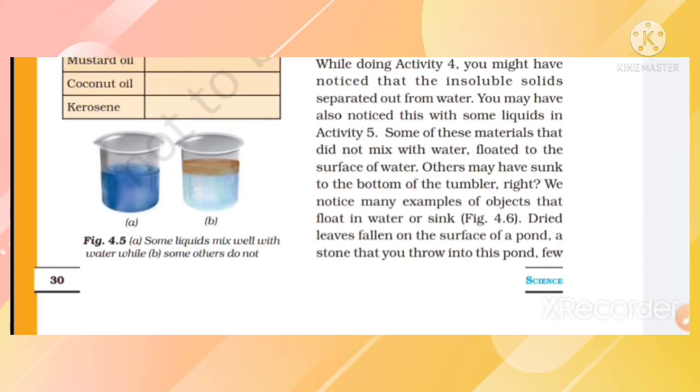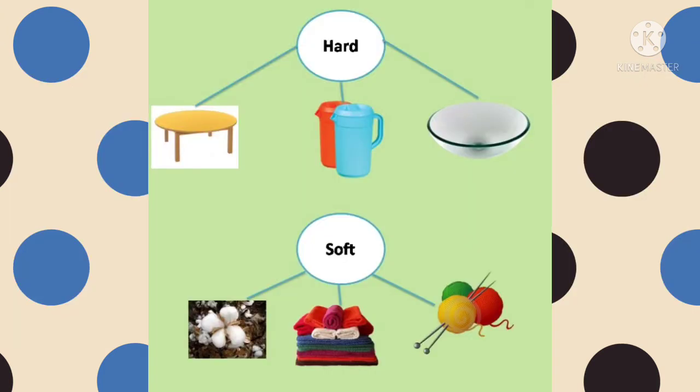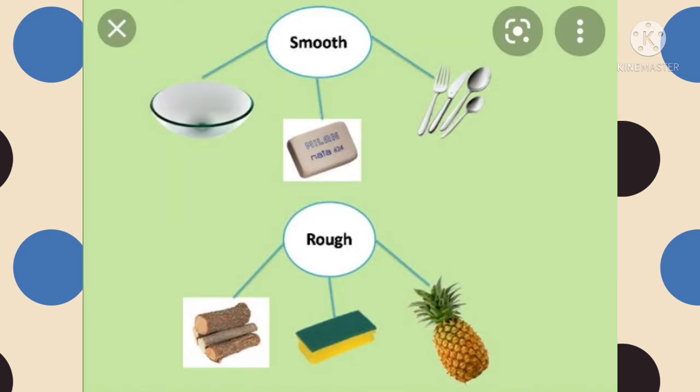Now objects may float or sink in water. Now students, can you see the examples of hard materials and soft materials? Wood, plastic and metal are hard materials, whereas cotton, wool and clothes are examples of soft materials.